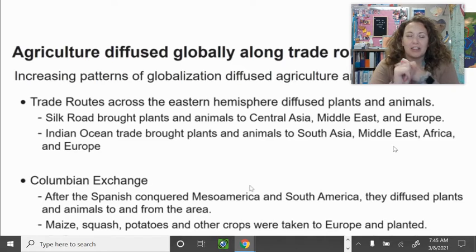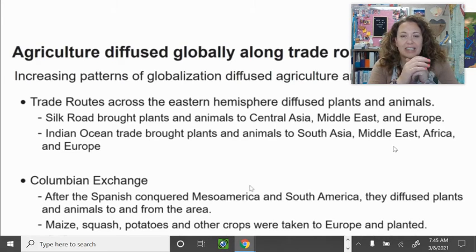Historically, knowing the Silk Road, you guys will have heard about this, I think, or will learn about it next year for sure. This is the one that brought plants and animals through Central Asia, the Middle East, and Europe. The Indian Ocean obviously became a huge trade vessel for those populated parts of the world. And then the Columbian Exchange is once the Spanish conquered Mesoamerica, which is Central America, and South America, and they diffused those plants to and from the area.